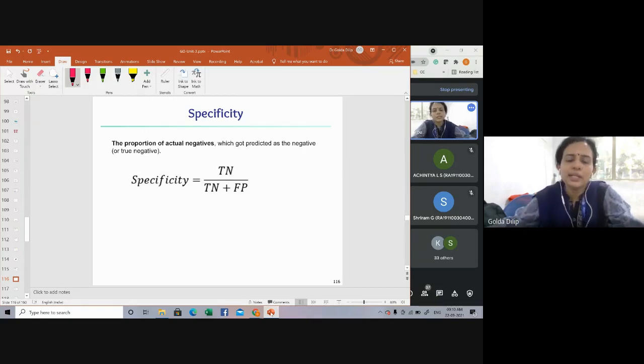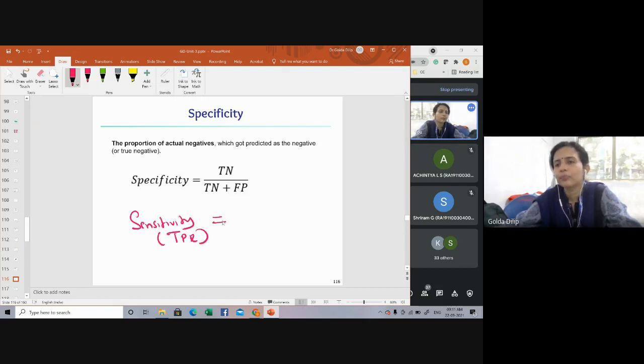Then yesterday we discussed something called sensitivity, or recall, also called TPR, the true positive rate. What was the formula for sensitivity? Nobody remembers?